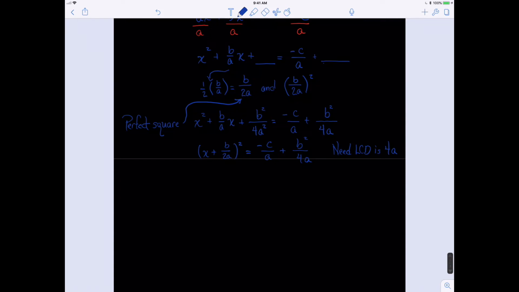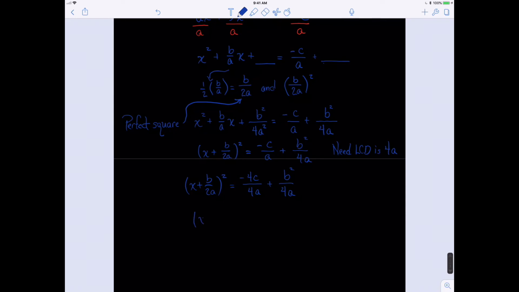So now let's write this again. I have x plus b over 2a squared equals, now this is going to become negative 4c over 4a plus b squared over 4a.